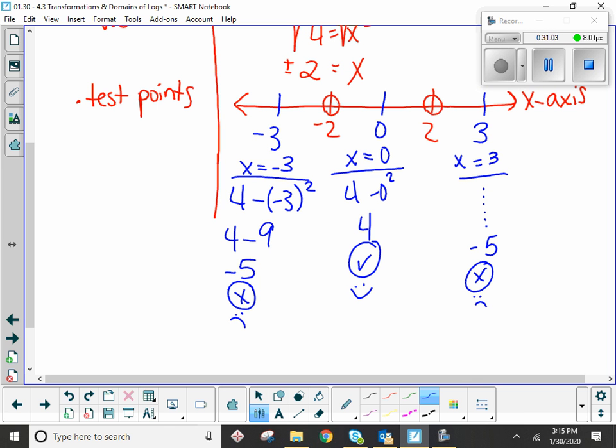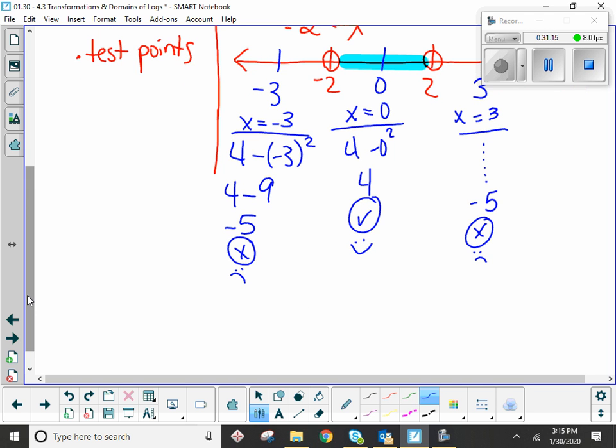So are we going to have a u in here? No, right? Because there's only one working interval, and it's this. And so your final answer is negative 2 to 2 with parentheses. Right? Any questions?